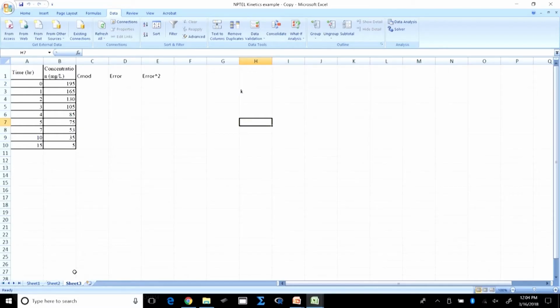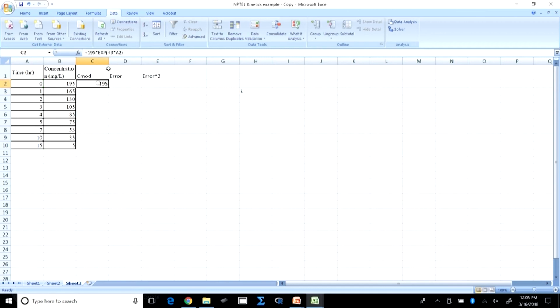So here I set it up, right. That is equal to C naught, which is 195, times capital EXP, so exponential of minus, and I need to take some trial value of k, so I will refer to this cell, and I am going to change the letter into, and time here, bracket close.